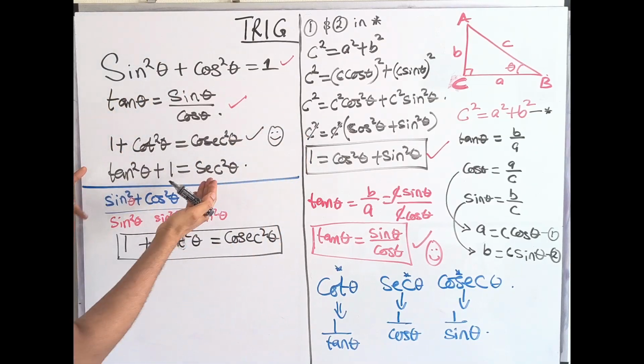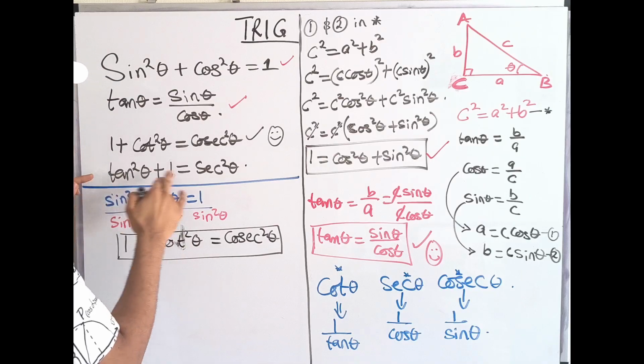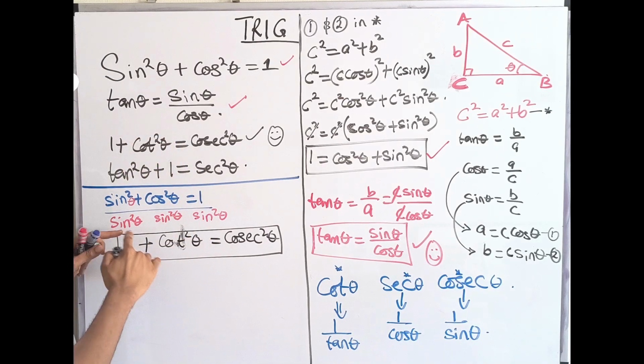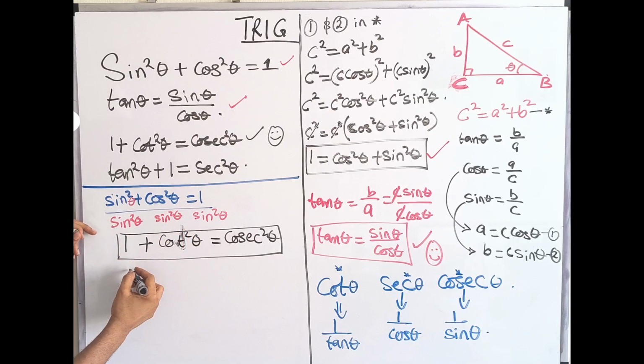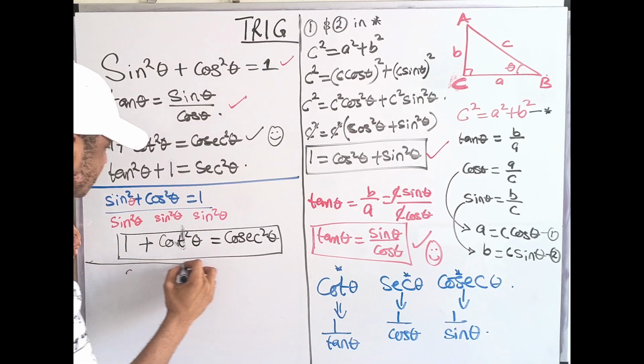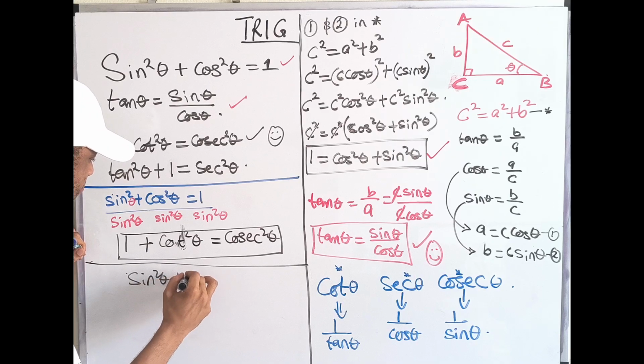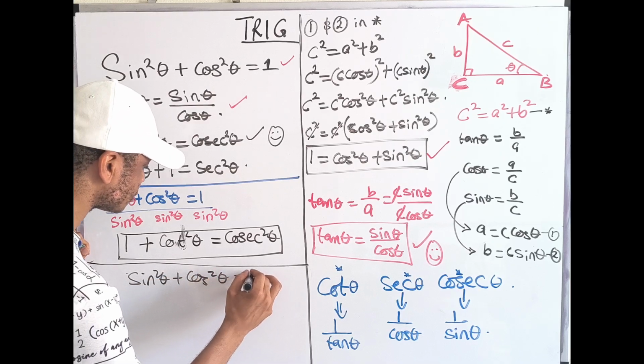Now the last one you should know, right? I want you to try that. For the last one, we have sine squared theta plus cos squared theta is equal to 1.